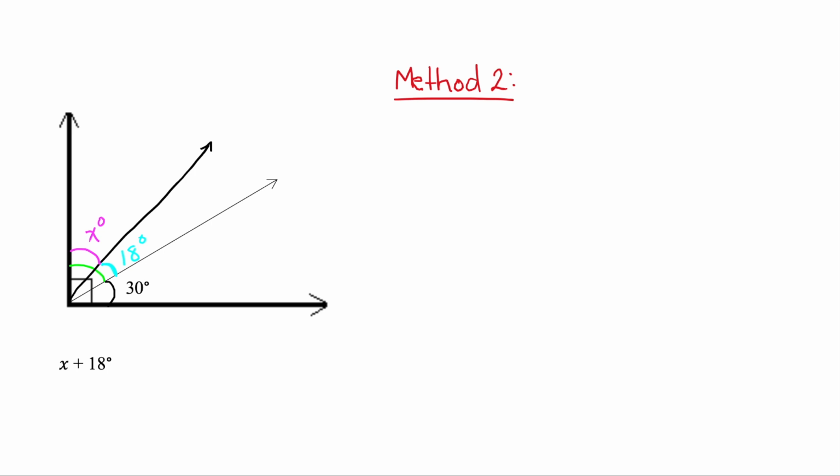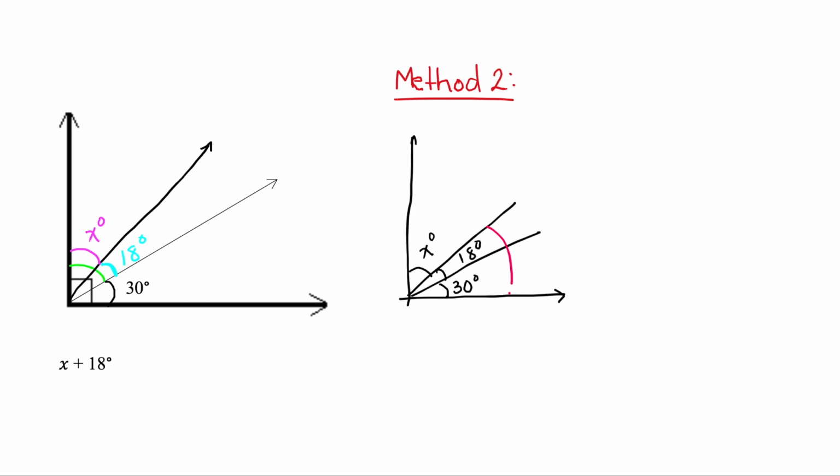Okay, so if I draw this again here, it's not going to be perfect, girls, but bear with me. So I have an angle that is 30 degrees. I have another angle that is 18 degrees. And then I have another angle that is x. And maybe from here, it's much clearer that this 18 plus 30, this big angle here, is 48 degrees.